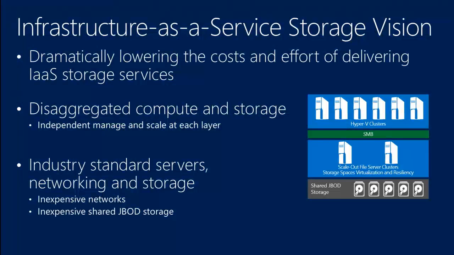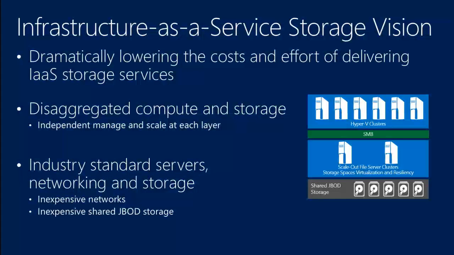That gives us a lot of advantages, considering that we control the protocol and we can do a lot of innovation and deliver some really compelling features, which you're going to see as we get into these features here. And then as you go over SMB as our protocol and Ethernet as our transport type, on the back end, we have our scale-out file server. On the scale-out file server, we can deliver zero downtime.